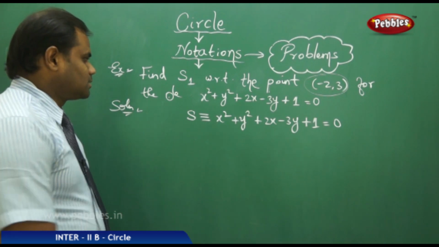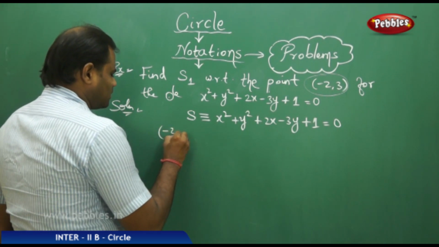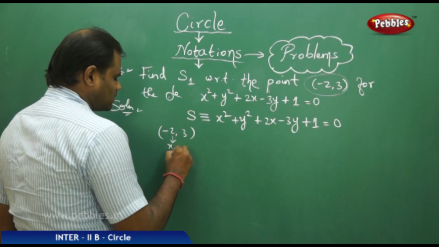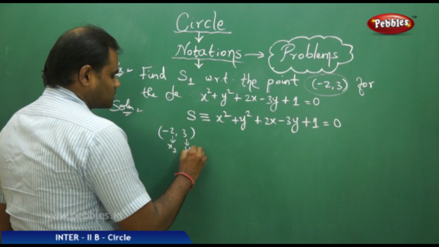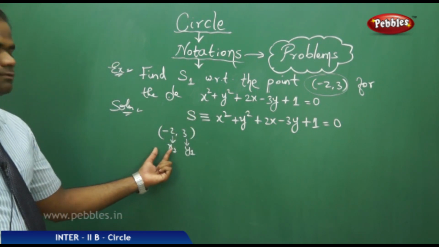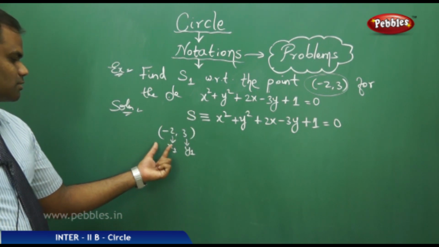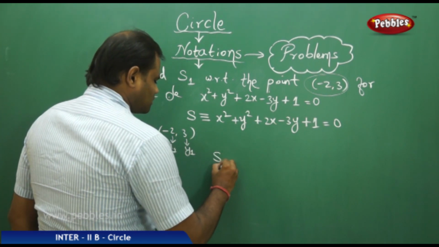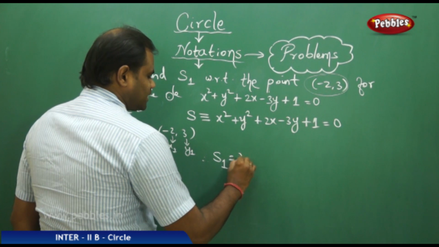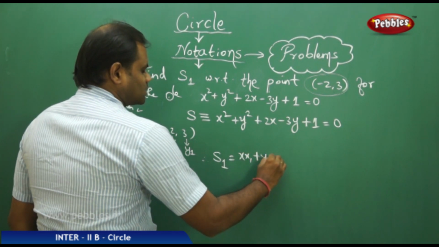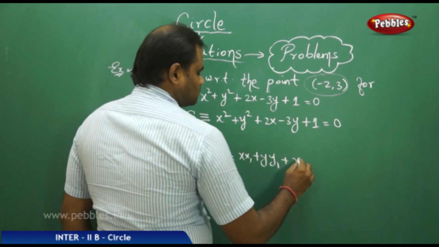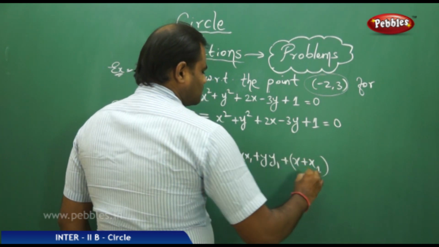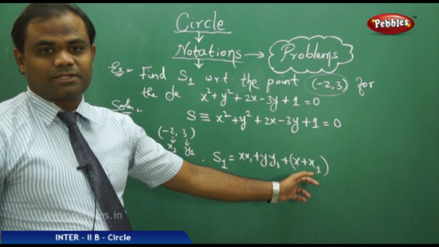So in this case, my point is minus 2, 3, where my x coordinate is denoted by x1 and this corresponds to y1. With the x coordinate being x1 and the y coordinate being y1, my S1 is nothing but x1 squared plus y1 squared plus 1 times of (x plus x1), because 2g reduces to g, as we can see.